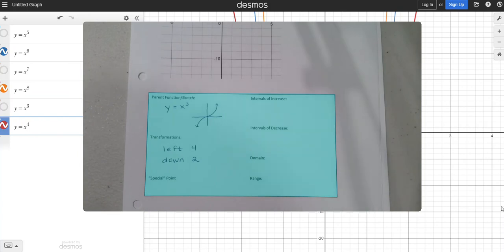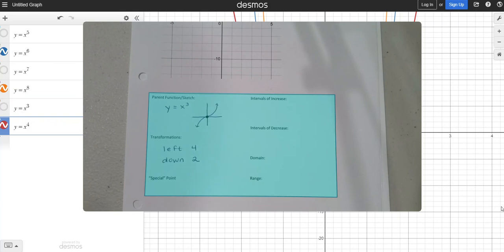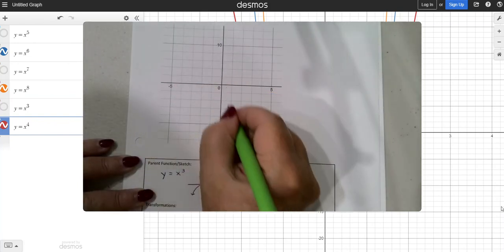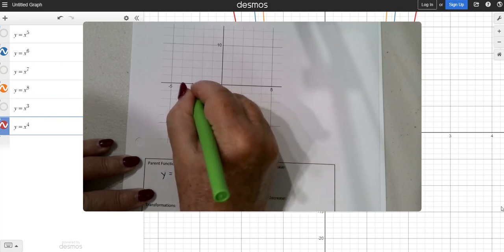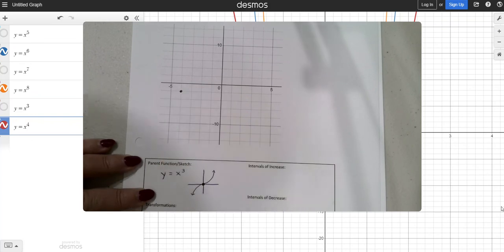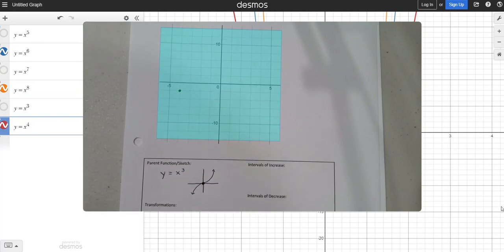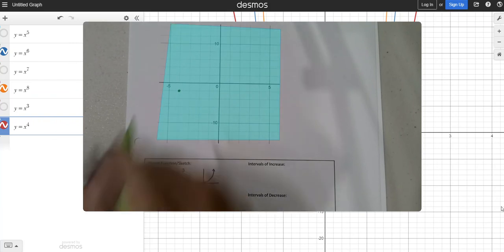With the wavy graph, it's the inflection point that's the special point. So I'm going to take the inflection point from the origin and shift it left 4 and down 2. Now let's see, the vertical axis is by 2s, 2, 4, 6, 8, 10. So left 1, 2, 3, 4, down 2 would actually put me right there. All right, this one has not been flipped upside down or anything, so I'm just going to graph the same shape, assuming that's my inflection point.